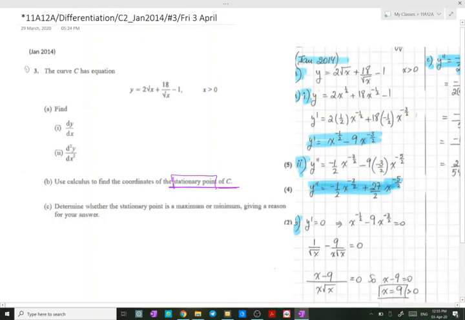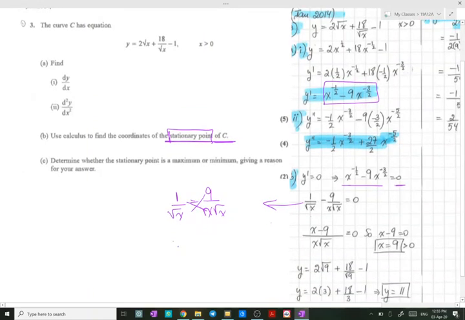So you set the derivative, in terms of x, equal to 0. Then you can either take a common denominator, or you can take the 9 to the other side over x square root x, and then you can cross multiply.